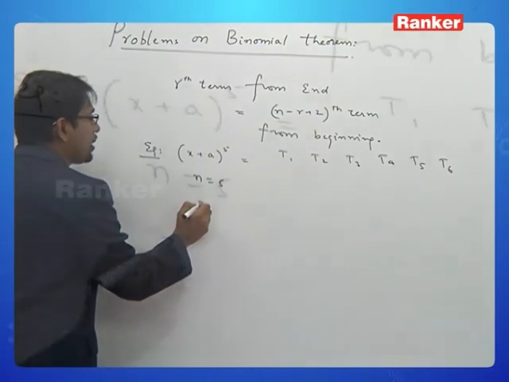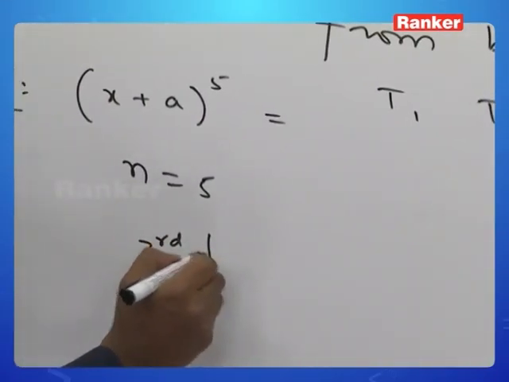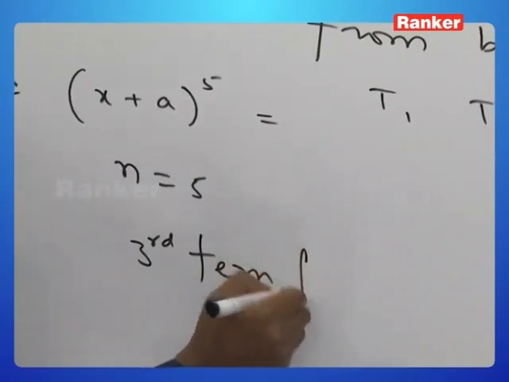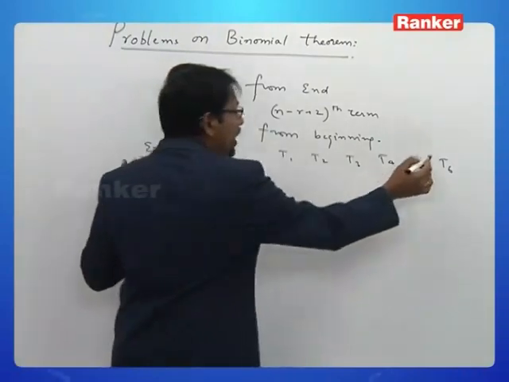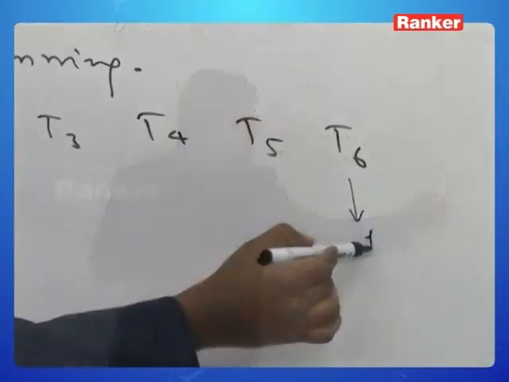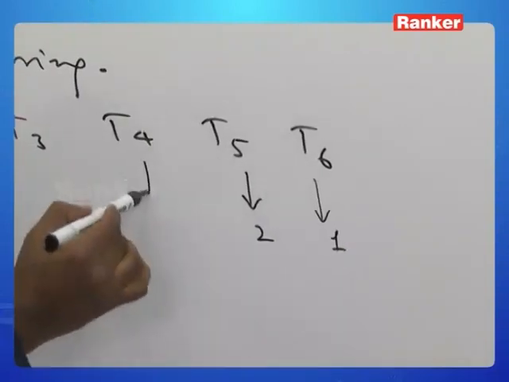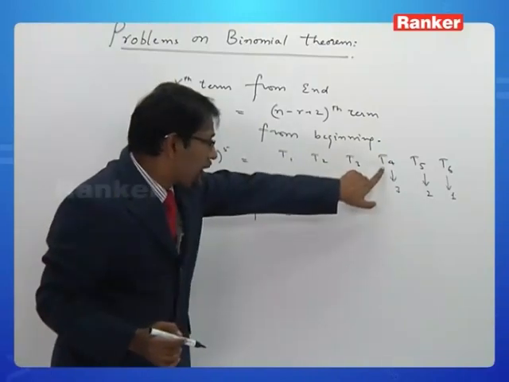Suppose I say third term from the end. What is the third term from the end? Observe that this is the first term, second term and third term. So it's actually t4.